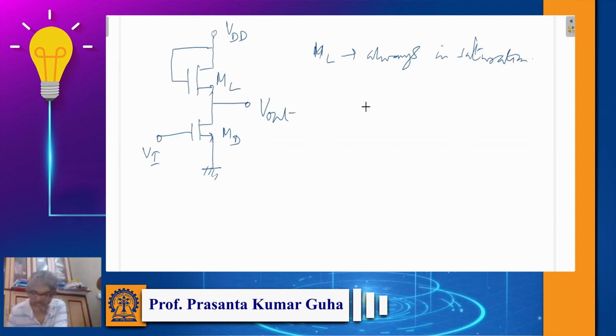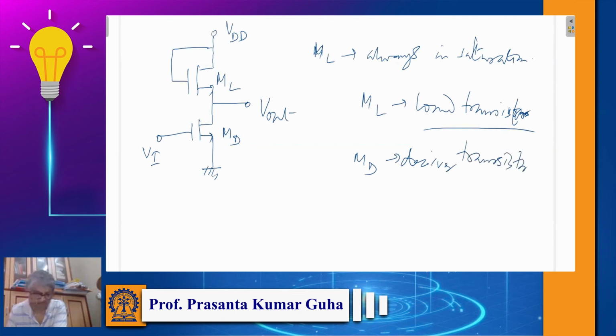Usually in this kind of circuit, ML is known as the load transistor, so it is like a resistor, and MD is usually known as the driver transistor. Is it a transistor or a MOSFET?